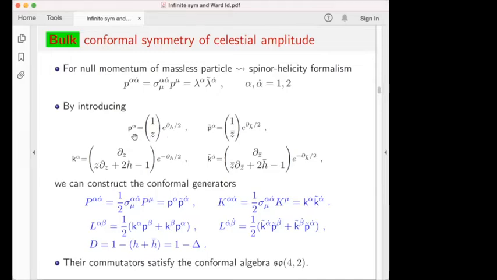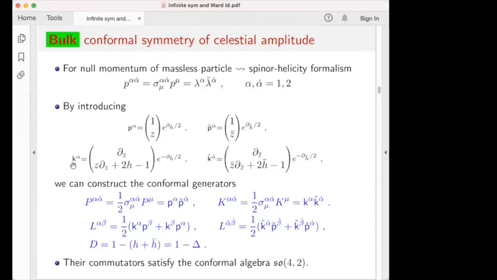We can take this p and p tilde, and consider their product. Then we have this p_α α dot. This is related to this P_μ through the Pauli matrix. If you work out the components, you will find that indeed we recover the previous translational generator in the celestial basis. So this is for translation.